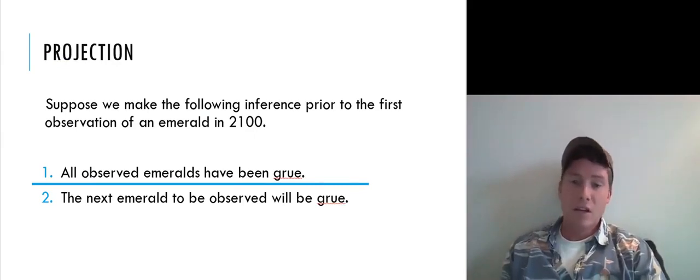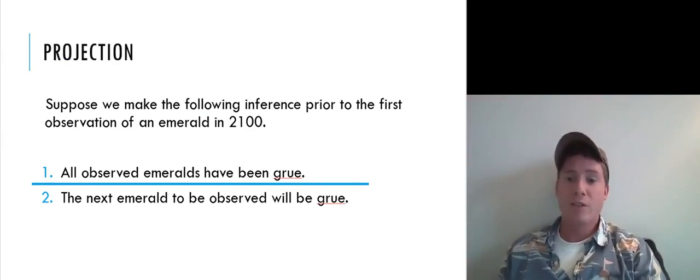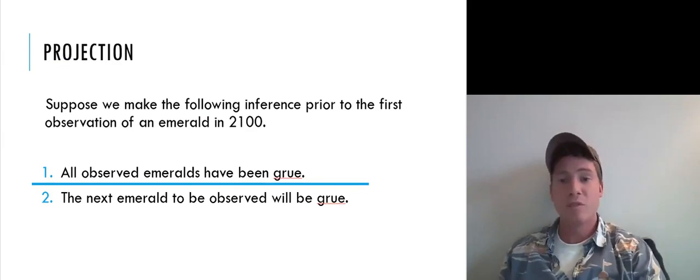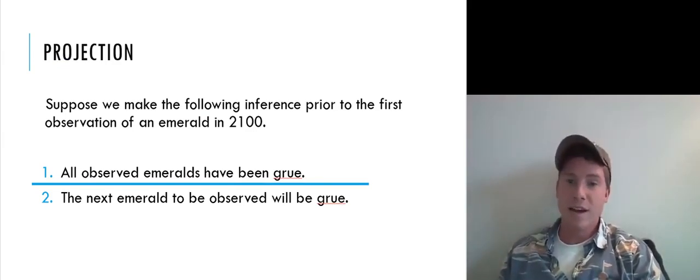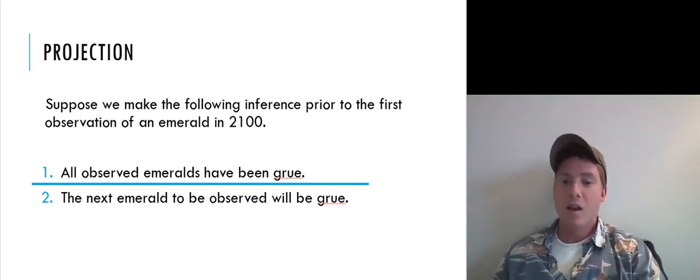All right, so suppose that we make the following inference prior to the first observation of an emerald in 2100 AD. So maybe it's December 31st, 2099, and we're anticipating making another observation of an emerald in the new year, after 2100. Our first premise is that all observed emeralds have been GRU.